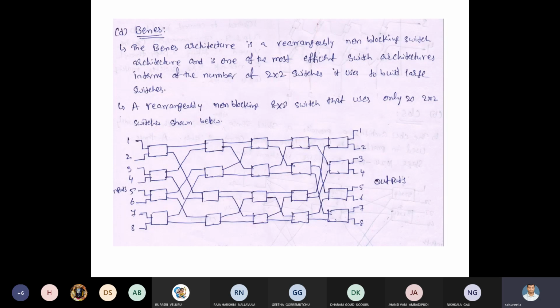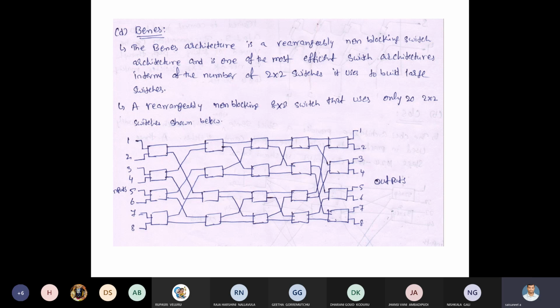We decrease the number of switches, increase the performance of the system, and rearrange the network. Suppose we are getting blocking in a network. How can it be rectified? By the concept of rearranging the switches. At that time we go for the Benes network.